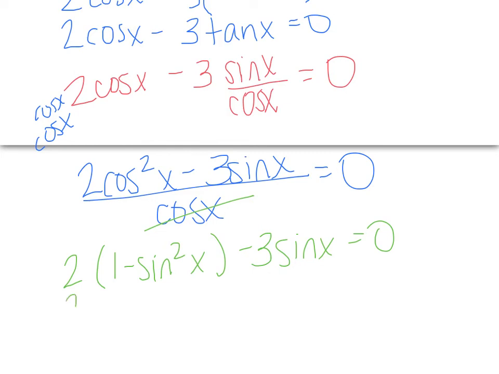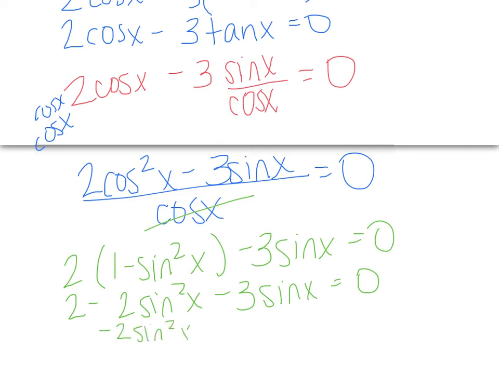So now I have 2 minus 2 sine squared x minus 3 sine x equals 0. And then we're going to need to rearrange and factor. So now this is going to be negative 2 sine squared x minus 3 sine x plus 2.